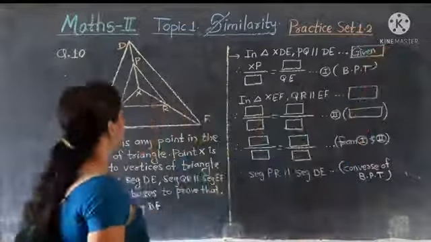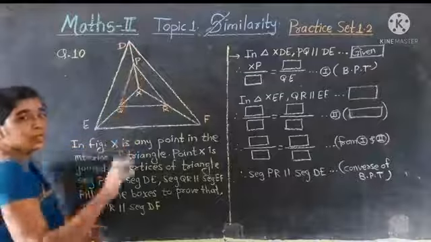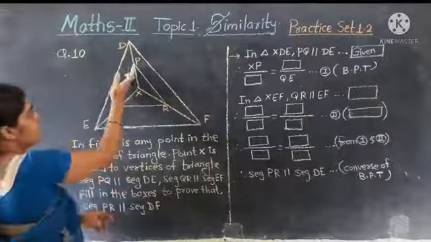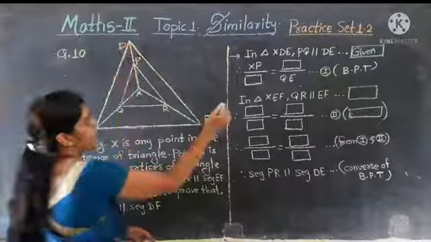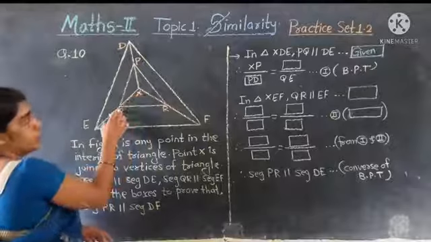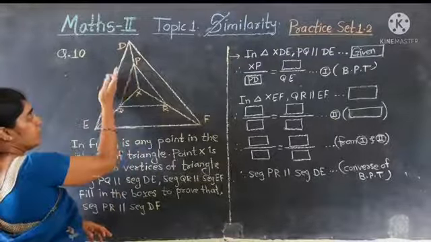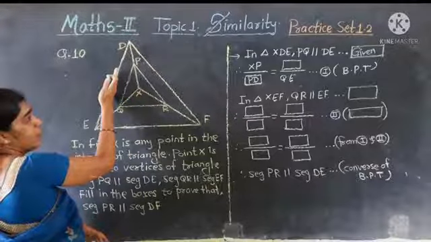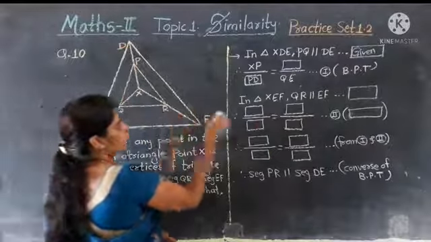For this triangle, these two lines are parallel, so we use the basic proportionality theorem. Therefore, XP upon PD is equal to XQ upon QE, by the basic proportionality theorem.